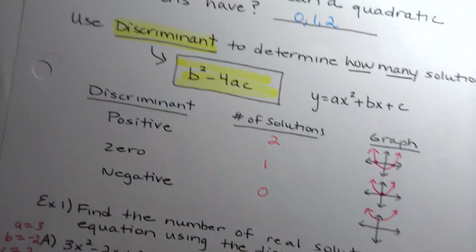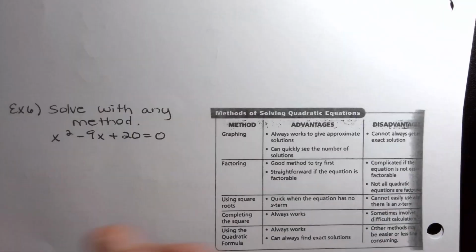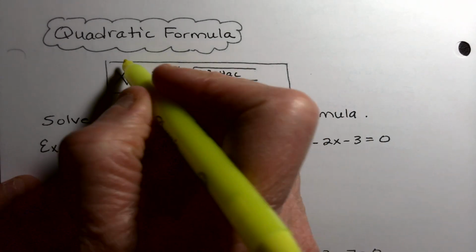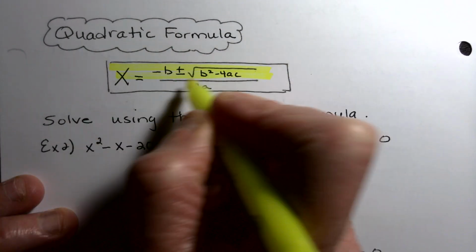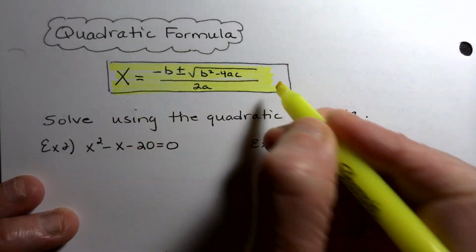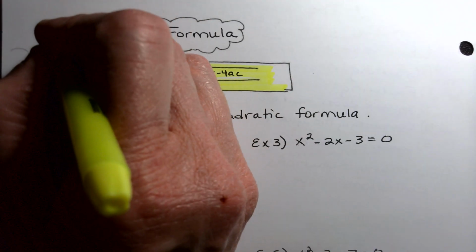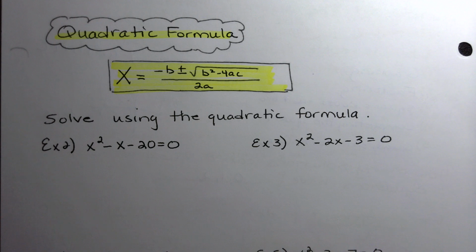Now we're going to take it a step further. And we're going to look at the quadratic formula. And I'm hoping, well, for one, highlight this right off the bat. When you write this in your homework, you will start to memorize it. Okay? It's the quadratic formula. It is important. It is another one, like completing the square, that always works.